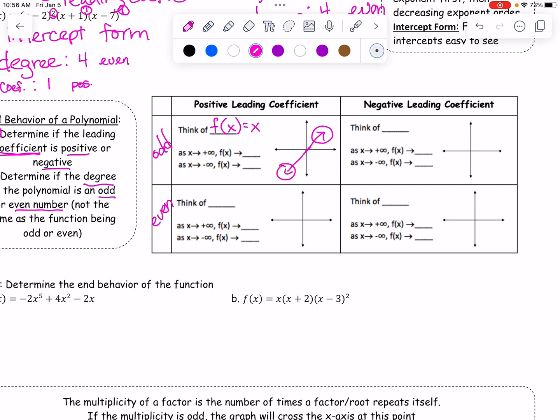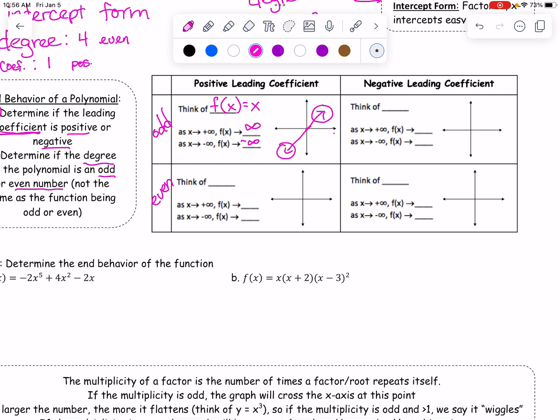So with an odd function and a positive leading coefficient, when x approaches positive infinity, or the right, our end behavior will always face up, or positive infinity. When it is approaching the left side, then our end behavior is going to be negative infinity.